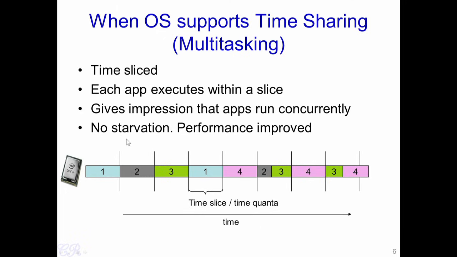So, the advantage of multitasking is that from a user's perspective, it gives the impression that all the applications are running concurrently. There is no starvation. Also, overall from a system perspective, the overall performance is improved.